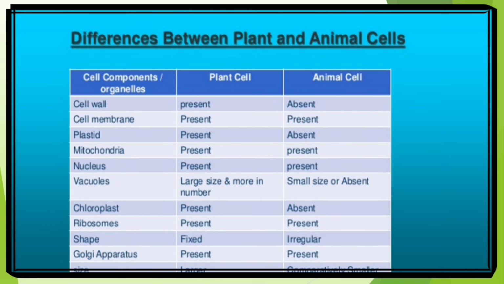Okay, see, this differentiation is given. Cell wall is present in the plant cell but absent in the animal cell. Cell membrane is present in both. Things like mitochondria, chloroplast, and ribosome you will study in future, but this differentiation is given this year, which will be helpful for you in future.